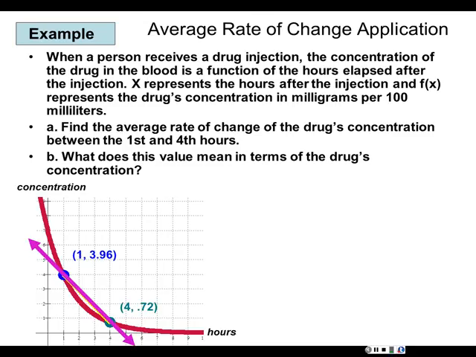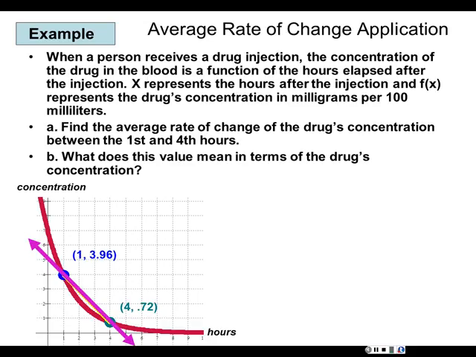In the first hour, the drug concentration is 4 milligrams per liter or per cc, and at the fourth hour, it's a little bit less than 1 milligram per cc. But what is the rate of change?